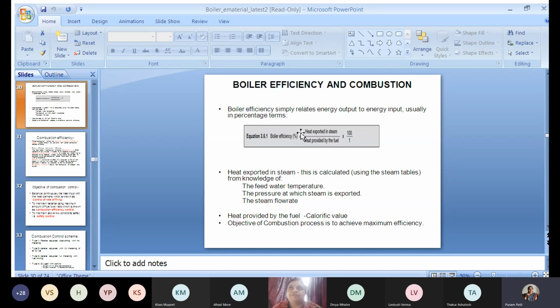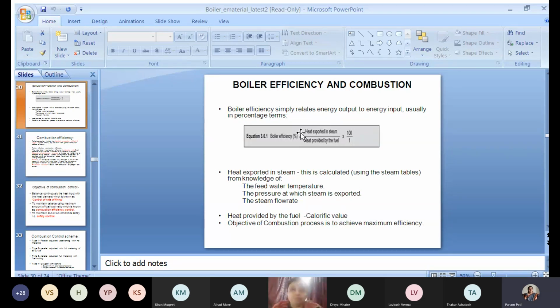See, efficiency, for example, if I am saying my lecture is efficient, what does it mean? What I am teaching, what I am talking, each and every word you are getting. The knowledge gain is there because of my lecture. Then I am saying the lecture is efficient, right? So, output by input, that ratio must be 1, then we are saying efficiency is high.